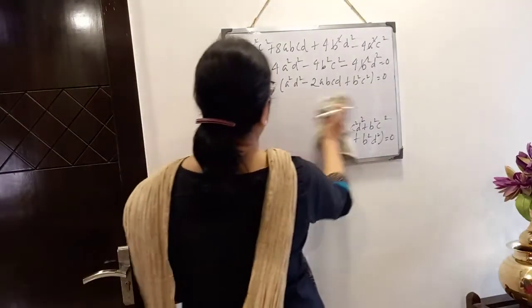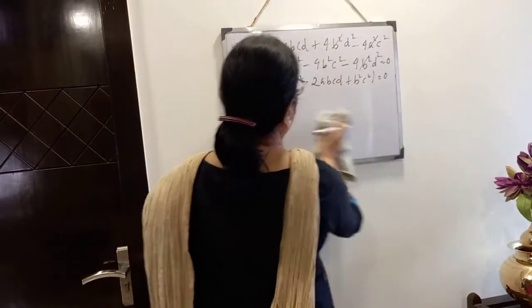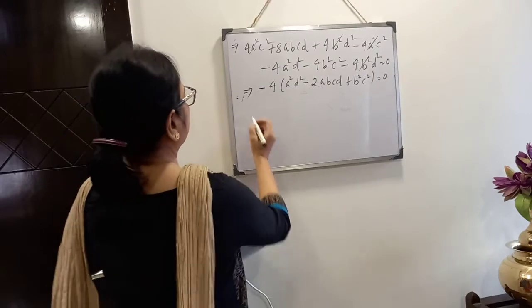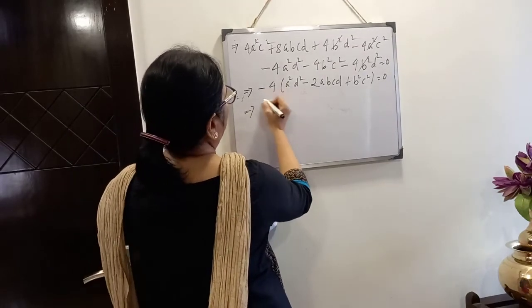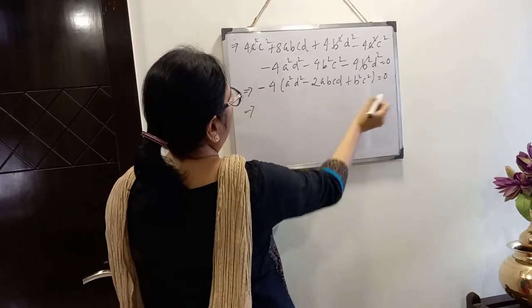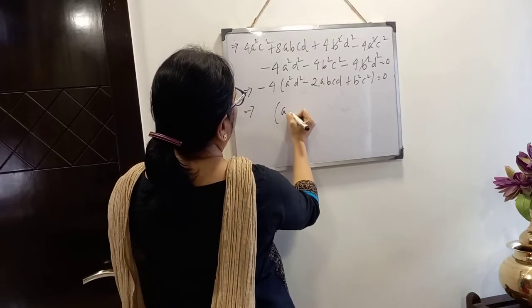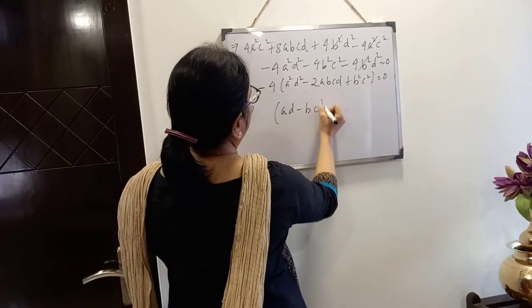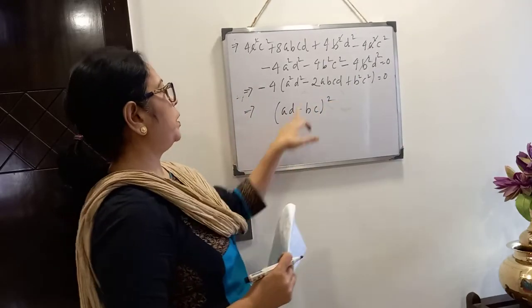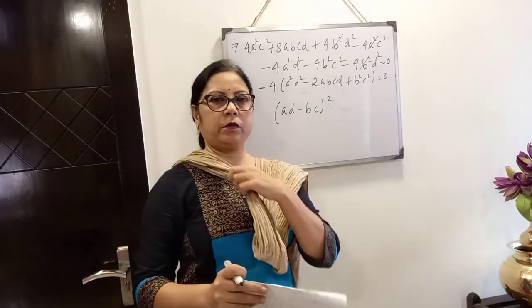Then minus 4, 0 divided by minus 4, and then it is the formula of this, (ad minus bc) whole square. If you open the bracket, you will get these terms. Clear?